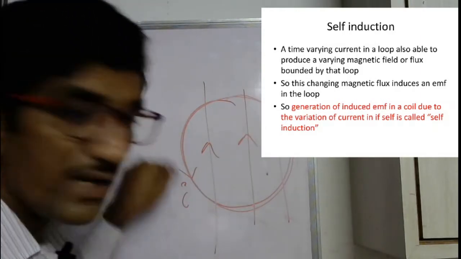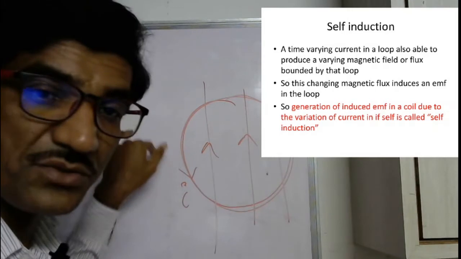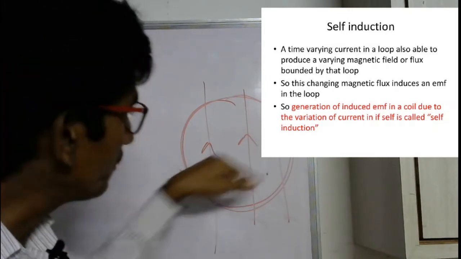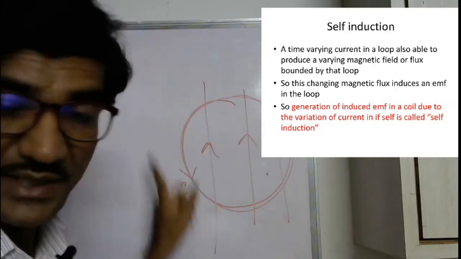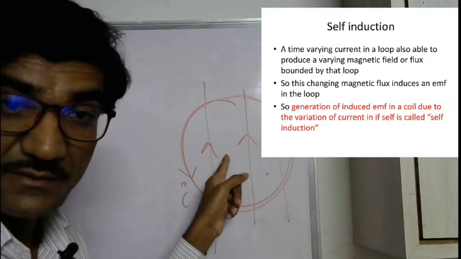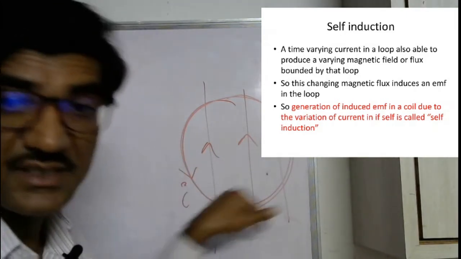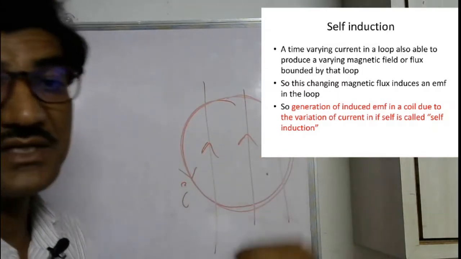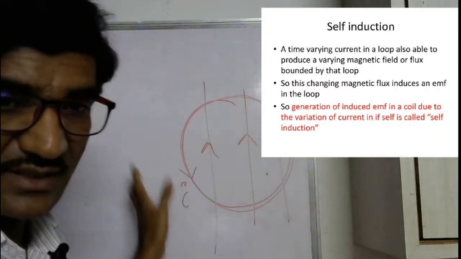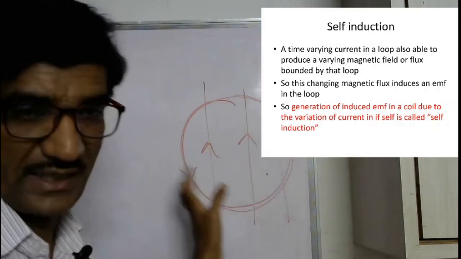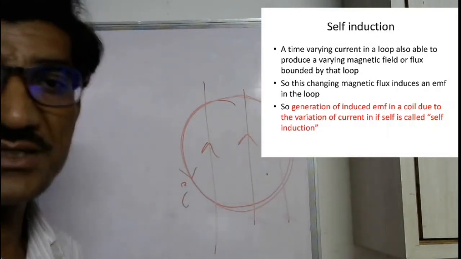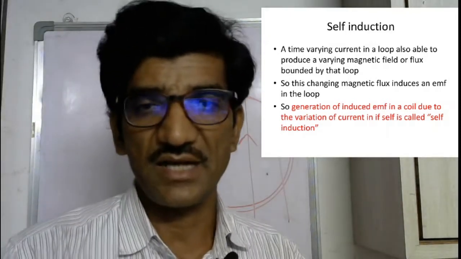Here, you already have one current flowing through this coil. Because of the magnetic field created by this current, you again have some more current, an induced current, in the same coil. Such type of induction is called self-induction.